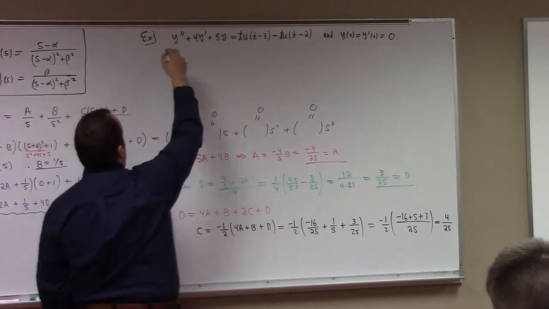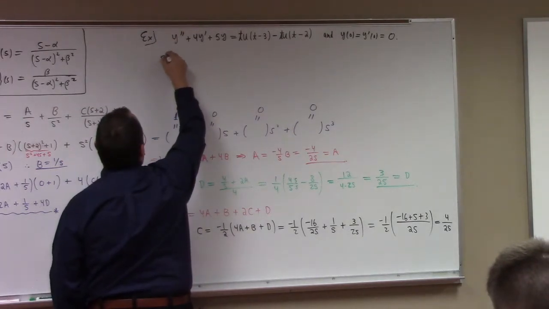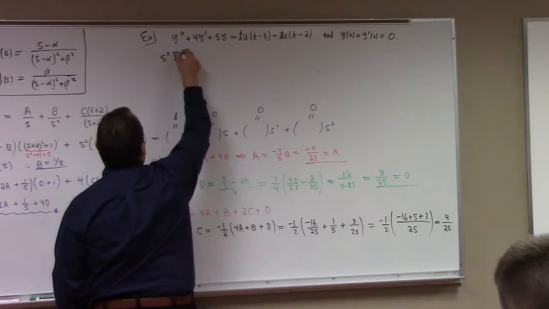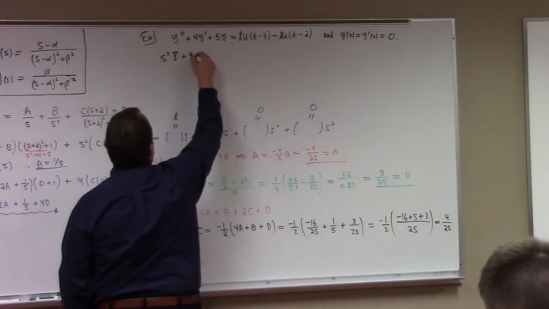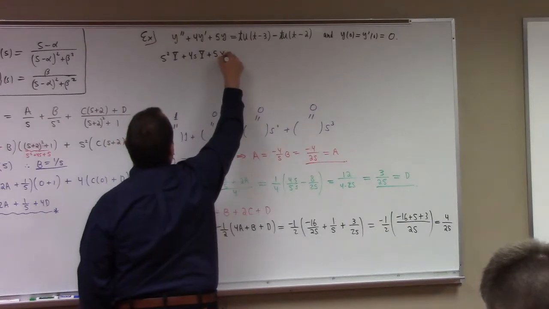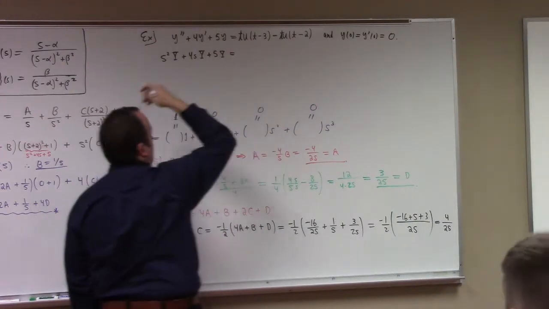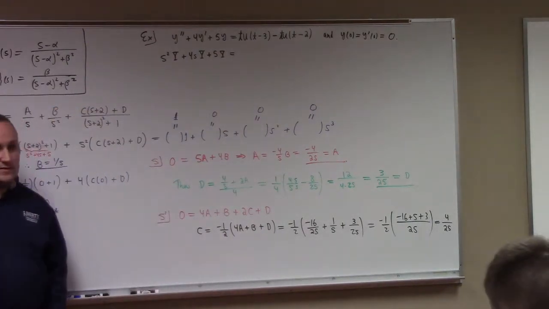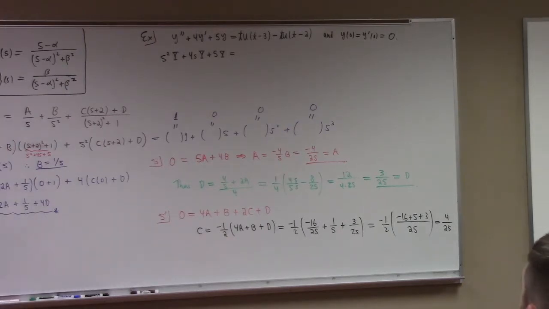All right, so what's the Laplace transform? We've got s squared big Y plus 4s big Y plus 5 times big Y, taking the Laplace transform. What's the Laplace transform of t times u(t - 3)? How's that go?